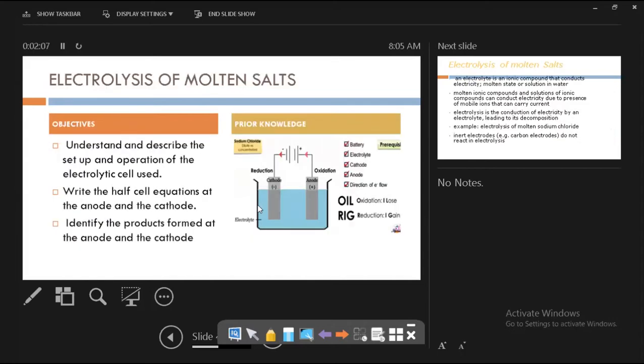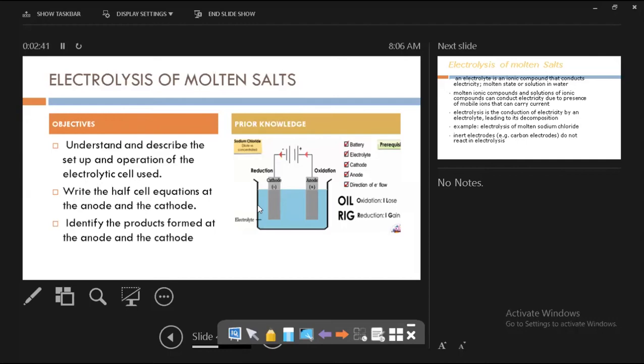And again, I always like to tell you what you're supposed to know by the end of the lesson. So you must be able to understand and describe the setup of the cell that is used in the electrolysis of molten salts, write half equations of the reactions occurring at the anode and at the cathode, and you must identify the products that will be formed at the anode and at the cathode.